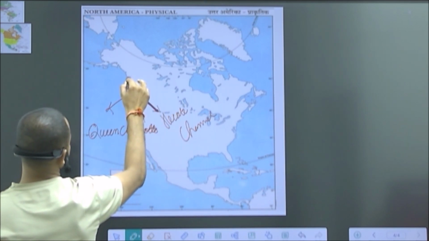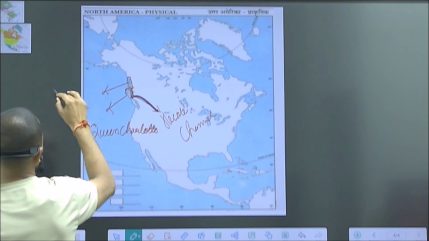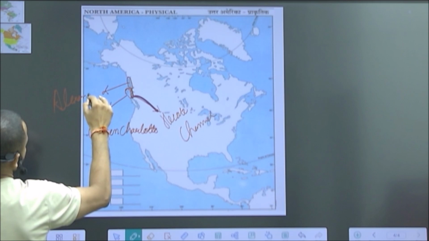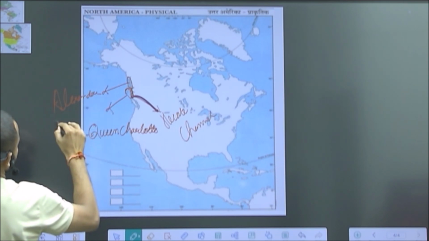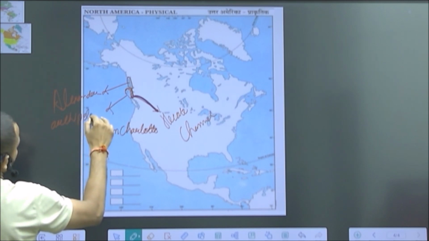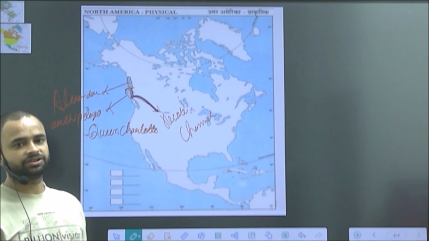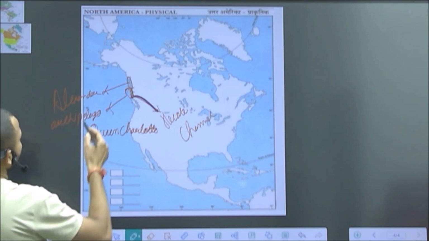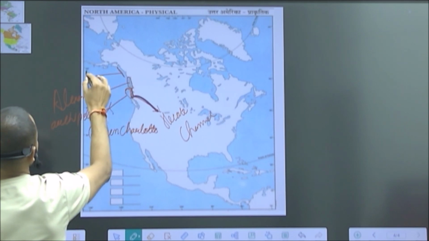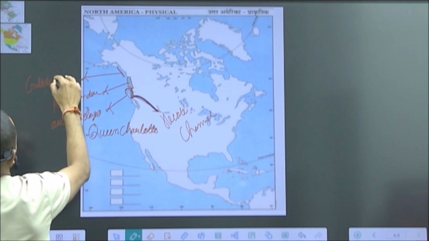This group of islands is called Alexander Archipelago. It is also an example of an archipelago. Its water surface is known as Gulf of Alaska.